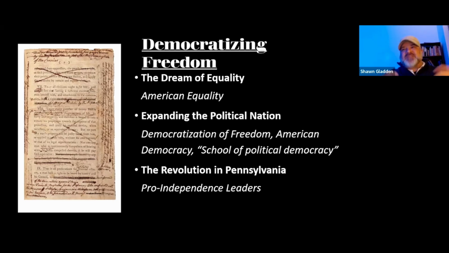So what I'm trying to hammer home is that every state, as they were drawing up their constitutions, had some form of Republican, representative government. The differences were in what the property qualifications were for you to have what would be called male suffrage.